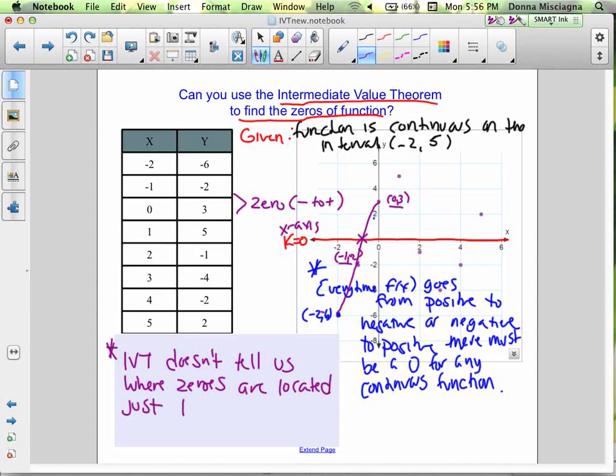Just that they exist between two x values anytime y changes signs. So just put y changes signs.